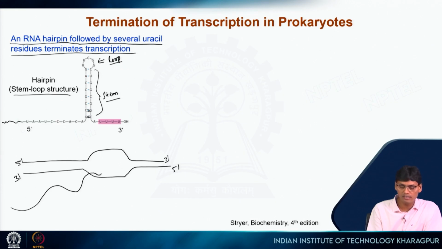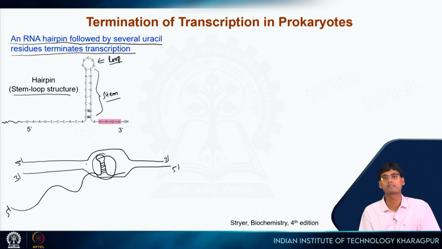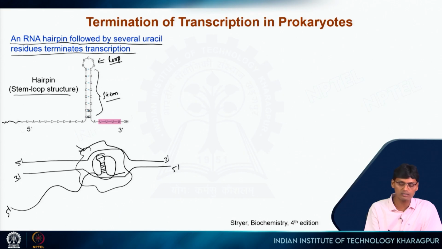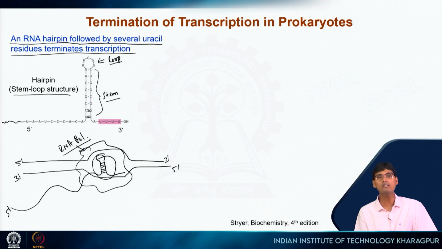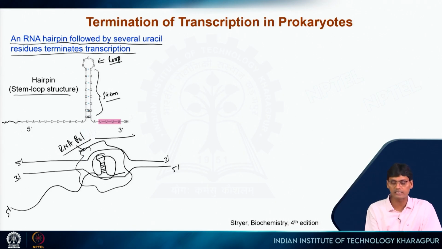Now, this stem loop structure has Watson-Crick base pairing, intra-strand base pairing between G and C, and A and U, not T actually, it should be A and U. So this structure destabilizes this complex, and it will inhibit the progression of the RNA polymerase present here. This is our RNA polymerase. So it will inhibit the progression in this direction.